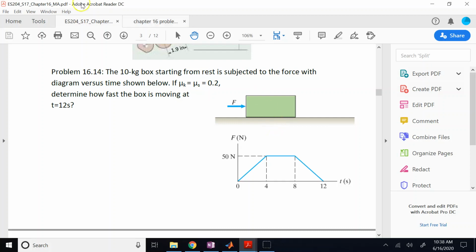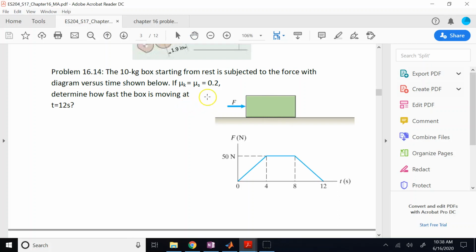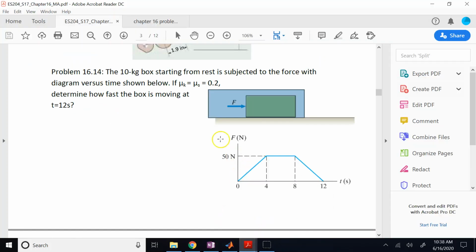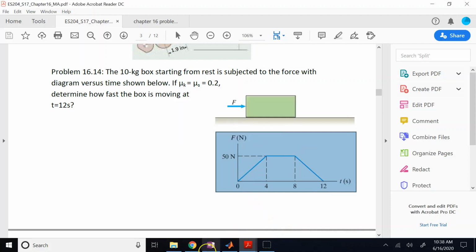Okay, so this is what I would like to do. I would paste the object here, then also the force versus time here.